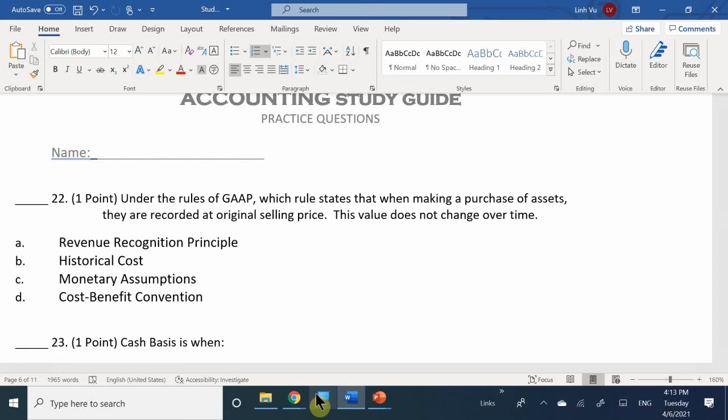Yes, B. Historical cost is correct. Okay? Remember that this is the pure definition, right? You have to record it at the original cost that you purchased it at. Okay? So good.